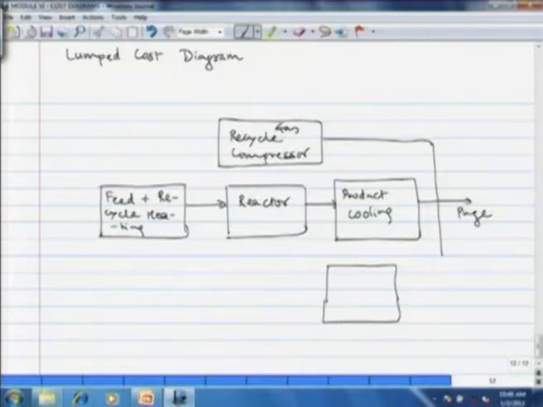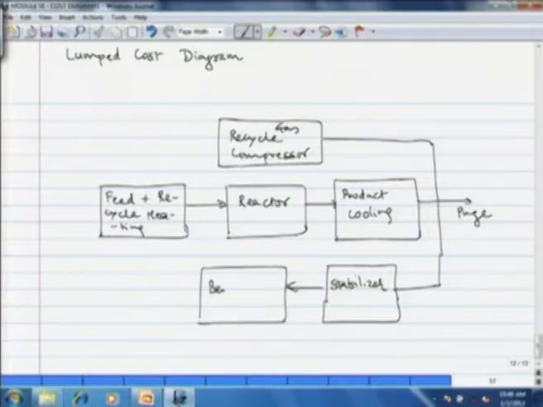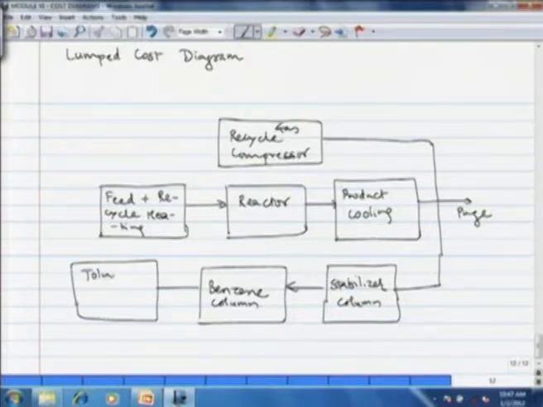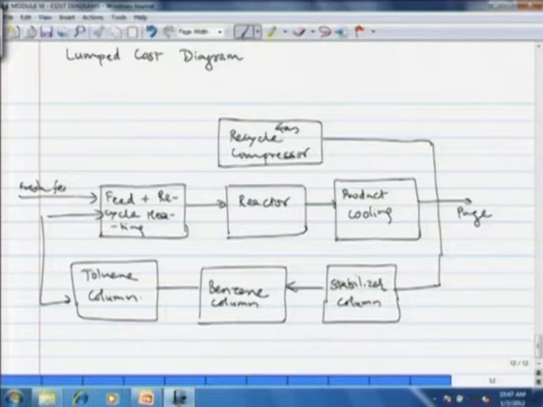The liquid is separated in 3 columns: stabilizer, benzene, and toluene.